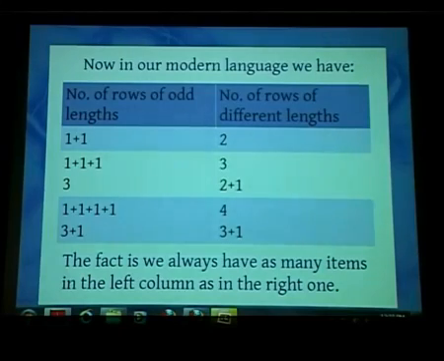For number 3, you have 2 animals and 1 animal; here 1 plus 1 is not allowed because they are not of distinct lengths. While observing this, we know that for each n we have as many items in the left column as in the right column. So this is what this rock carving says.